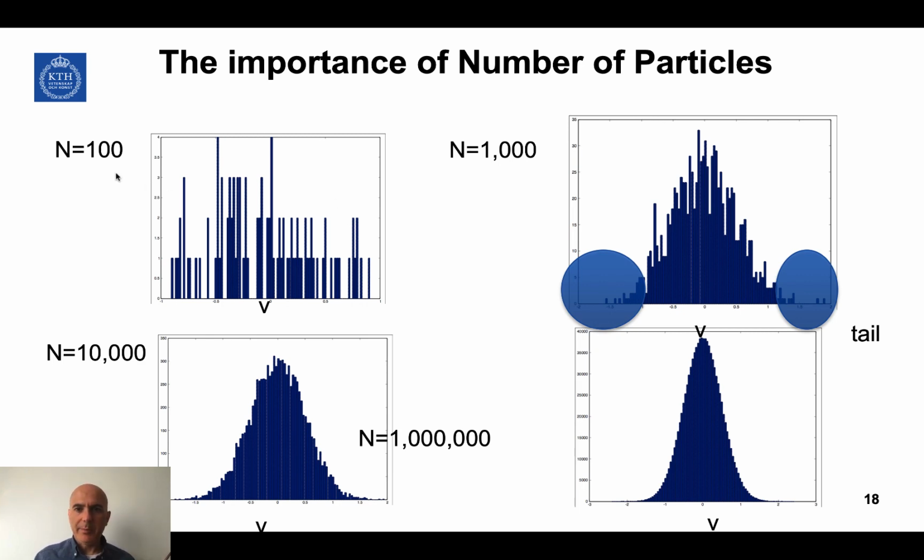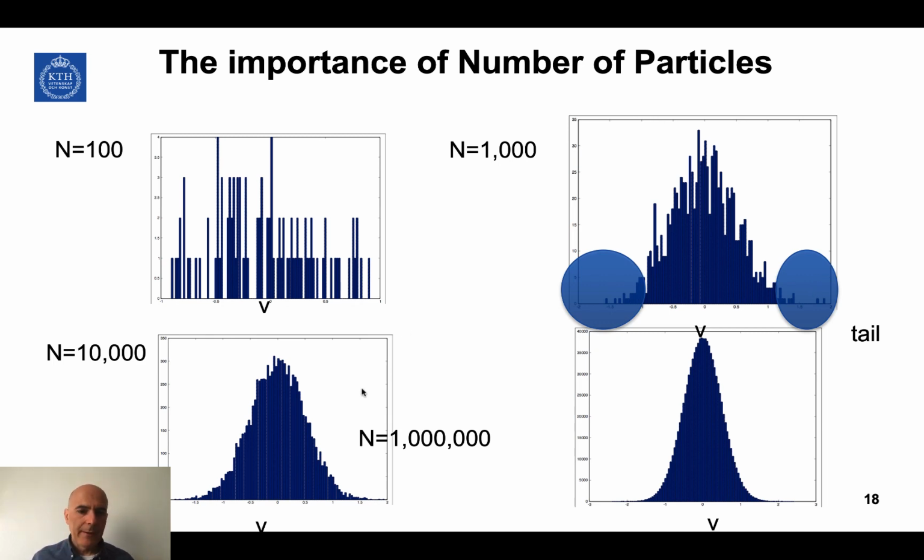It's quite bad. We can do better than that using 1000, and that's what we get. It still doesn't look like a Maxwellian distribution function. We also have a problem here that in the tail, as you see, there are probably not enough particles to represent particles interacting with the waves.